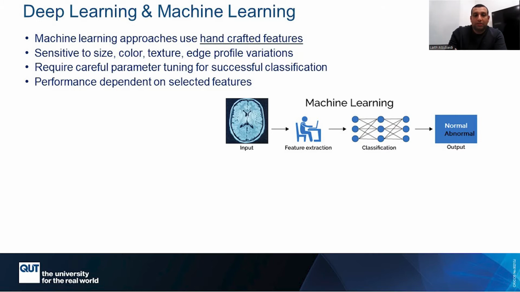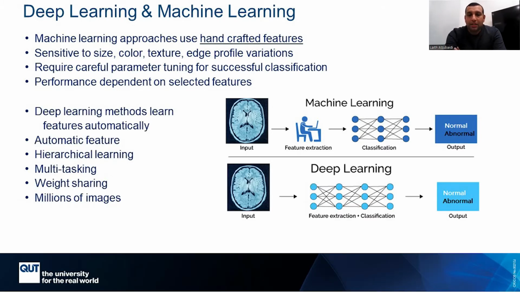Later on, deep learning came and showed the ability to do both feature extraction and classification in one shot, automatically doing the feature extraction and the classification at the same time, without designing any algorithm for feature extraction.